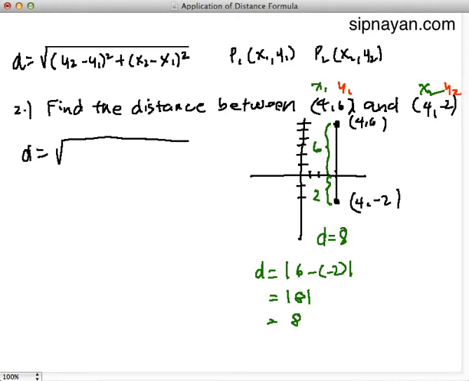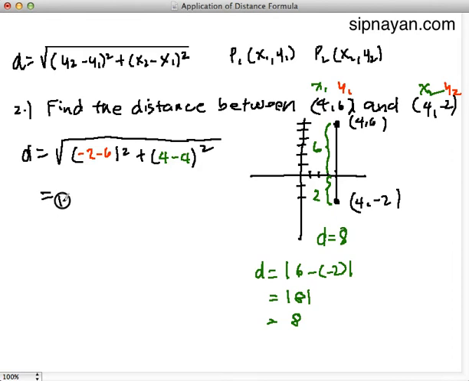So this becomes square root of, ang y muna tayo, negative 2 minus 6 quantity squared, plus 4 minus 4, no? Kasi pareho yung kanilang x-coordinate, squared.